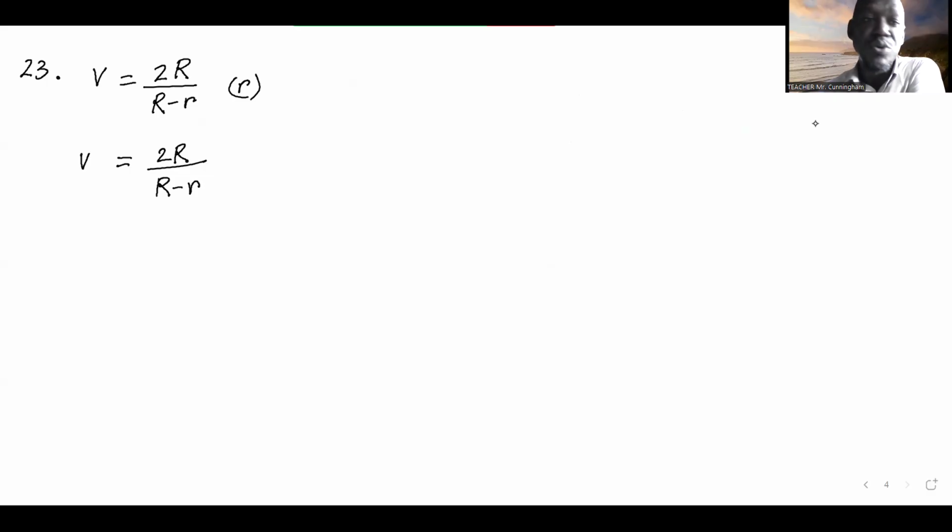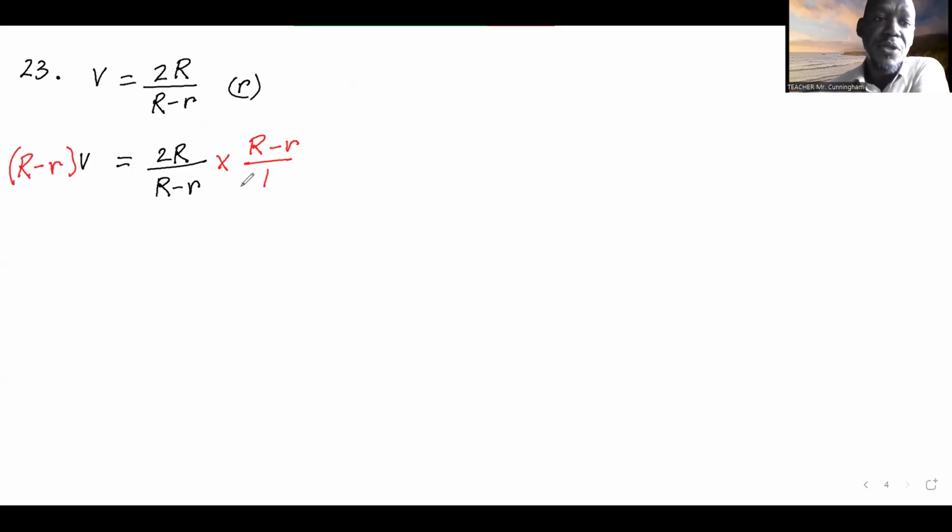So how are we going to do that? We simply write V1 multiplied by R minus R, V1 over 1. Whatever I do on that side, I'm doing on the next side. So put open brackets to show that V is being multiplied by everything in the bracket.